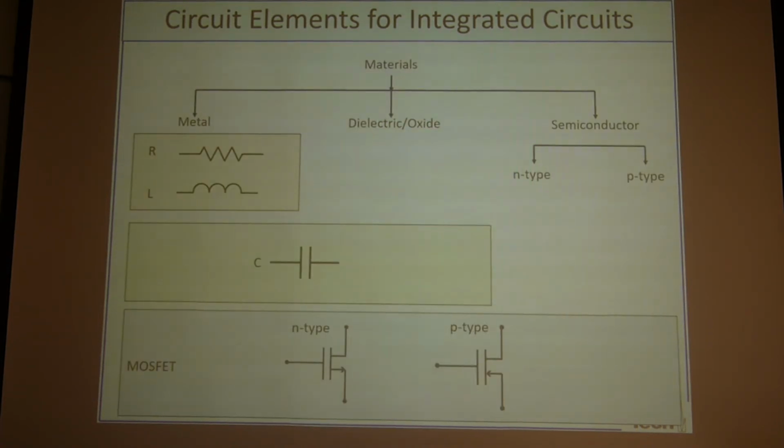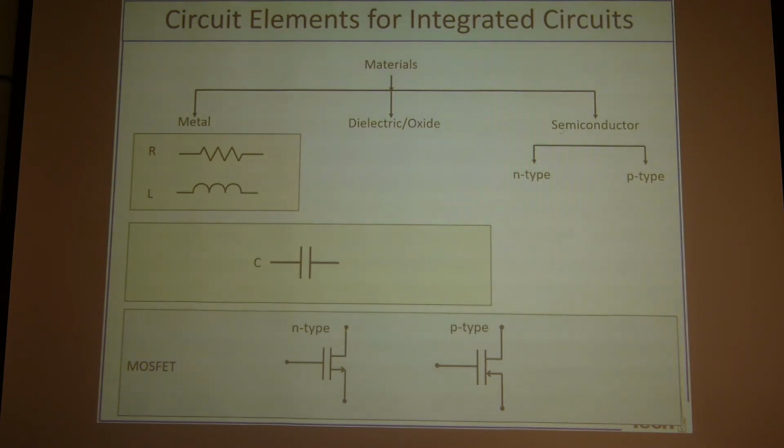All right. If you look at the materials used for building those circuit elements, you can classify the materials into 3 groups. The first one is metal, and the second one is dielectric or oxide, which is non-conductive, an insulator. The third category is what we are going to learn in more detail.